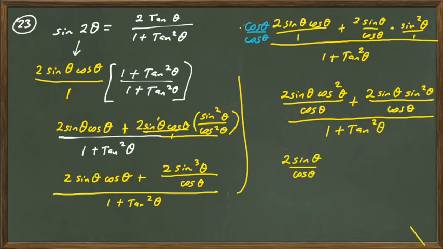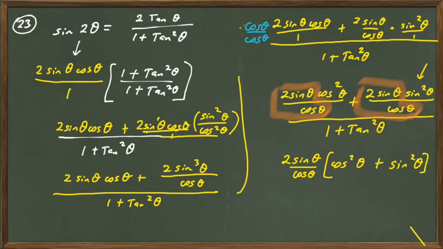At this point, I'm going to factor out a 2 sine over cosine out of both of these. If I take the 2 sine over cosine out, that leaves me with cosine squared plus over here sine squared. I know that sine squared plus cosine squared is 1.